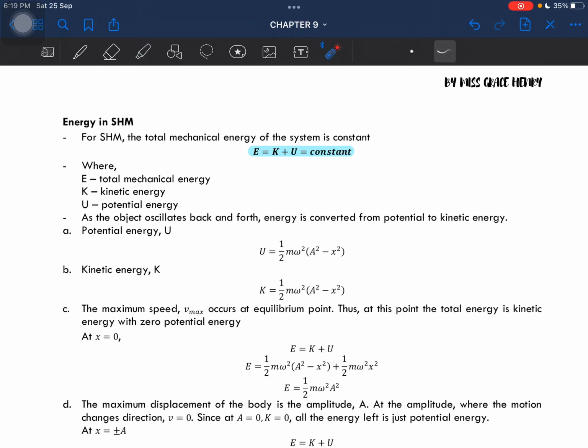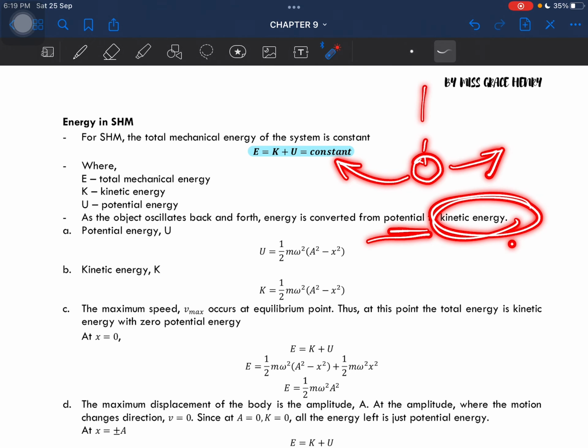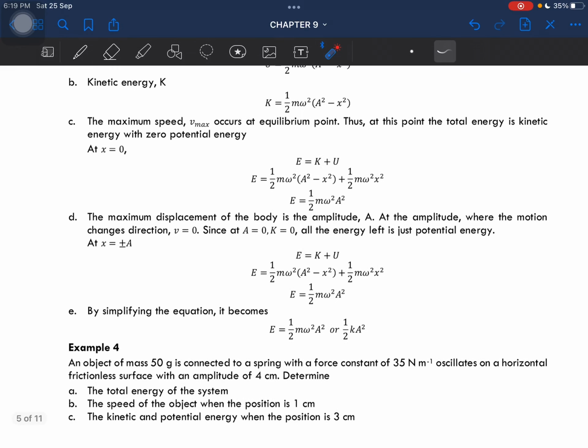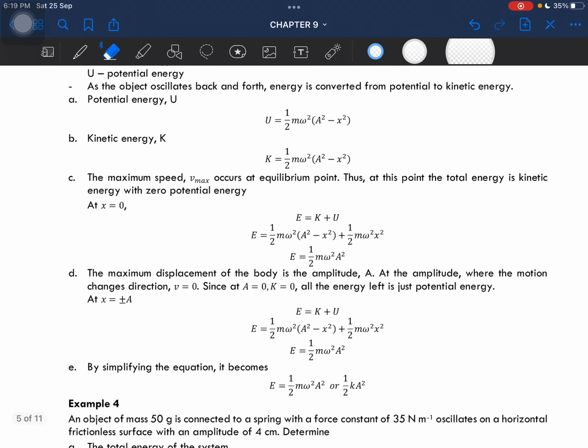As the object oscillates back and forth from the equilibrium, the energy is converted between potential and kinetic energy. The potential energy formula is this one, and the kinetic energy formula is this.